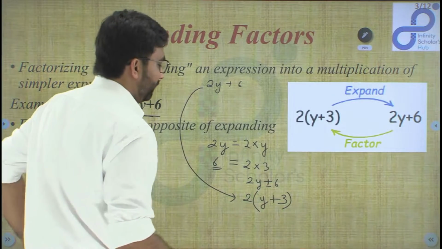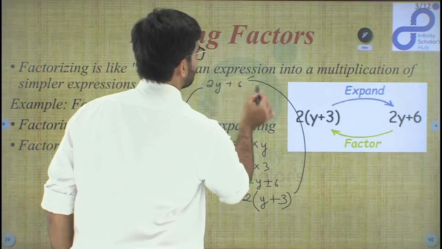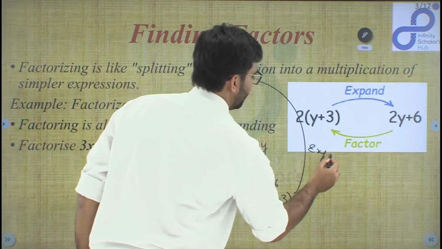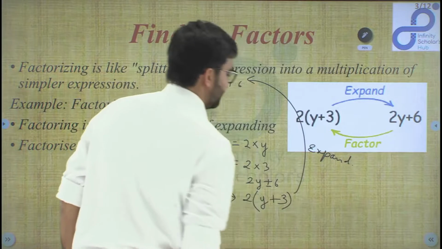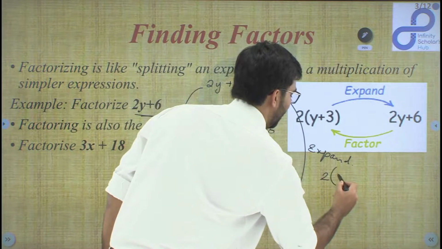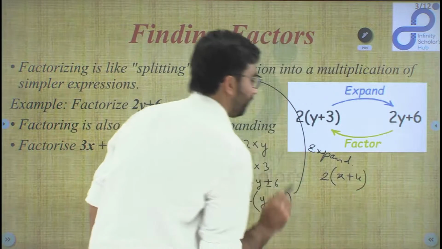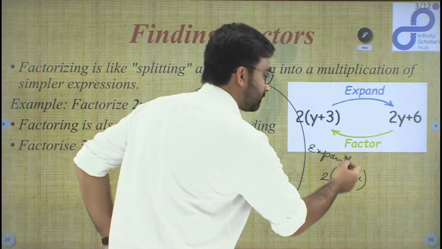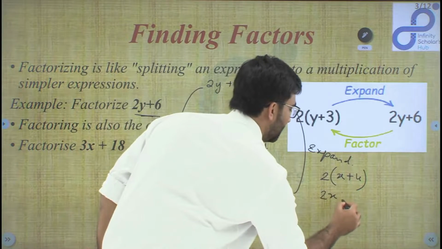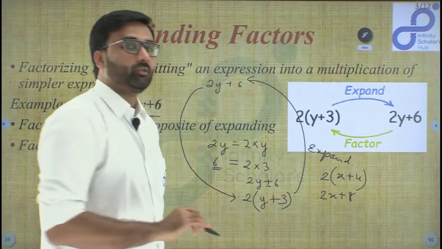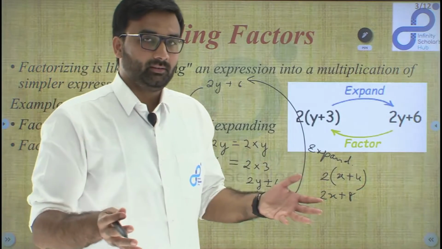And if you do the reverse process of this, this is called expansion, or you can say you are expanding. For example, if I give you 2 and in brackets you have x plus 4, what will you do? You will multiply this 2 inside, this will become 2x plus 8. So what you have done over here is you have expanded the given expression.